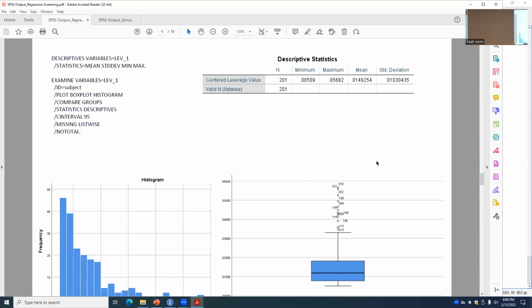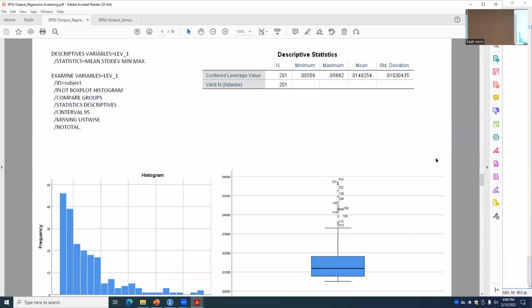Then I do the same thing with my leverages. Remember that leverages are going to be weirdness in my X space. My mean value is going to be 3P over N, which is 3 predictors over 201, giving me a value of 0.045.